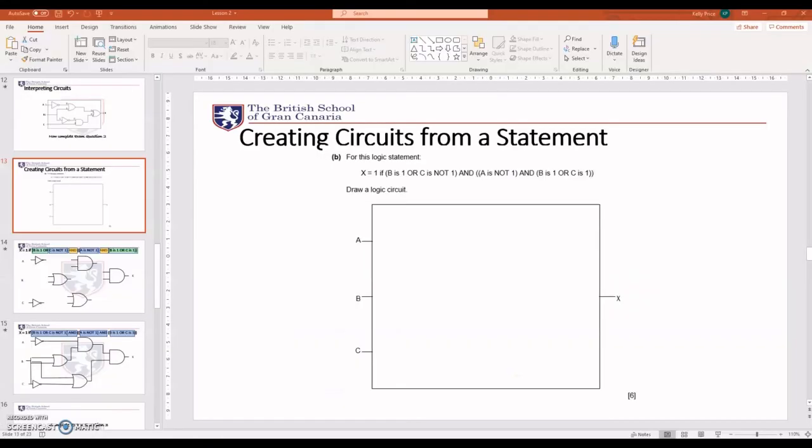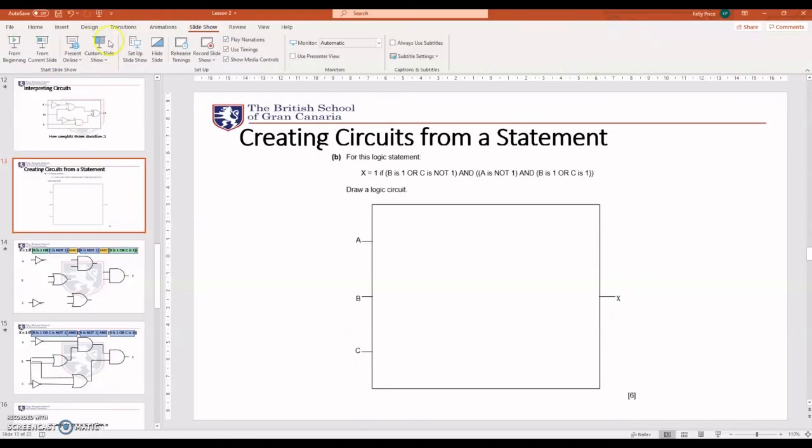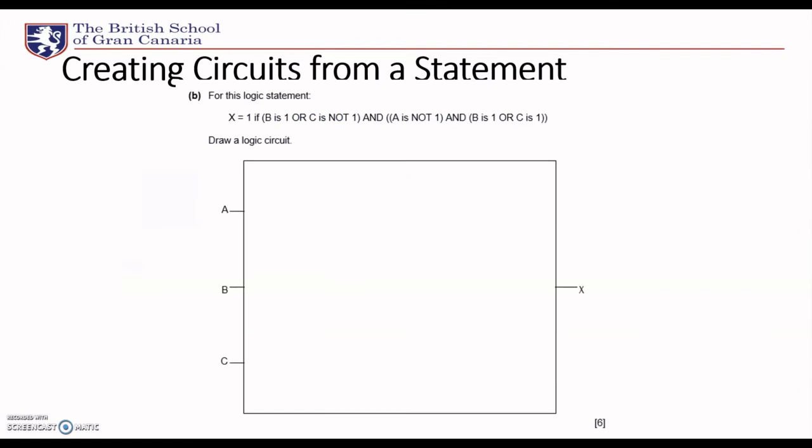Right, so moving on now. Your next exam question is going to be, you're going to create a circuit using these, okay? Now, the rule, if you remember from last lesson, is it goes NOT, AND, OR. So you create a circuit with NOTs first, then the ANDs, then the ORs. So the ORs always come at the end.